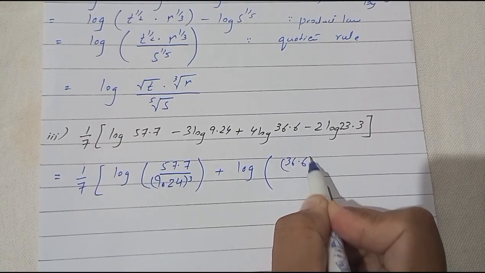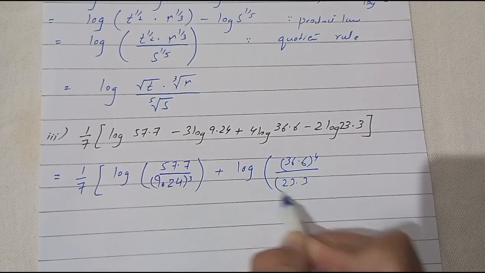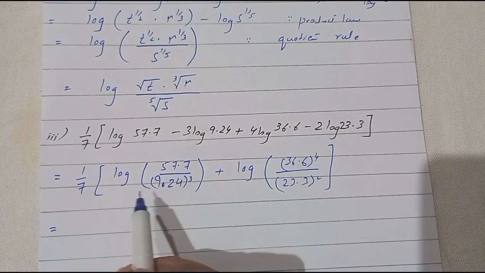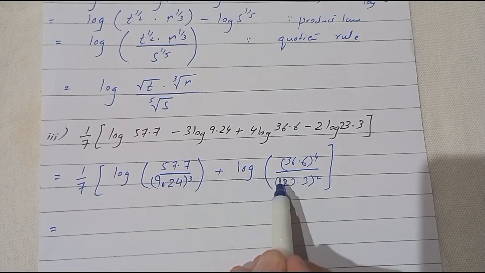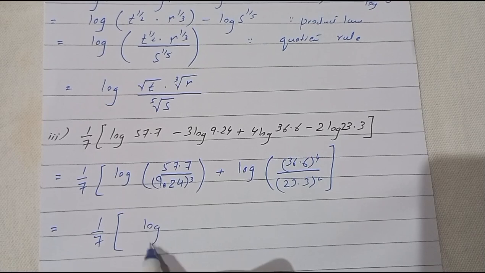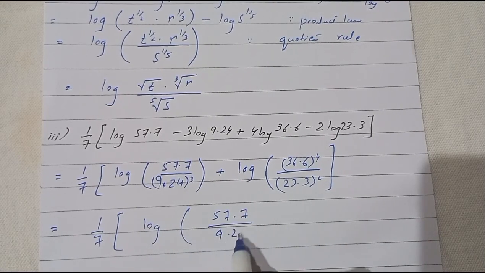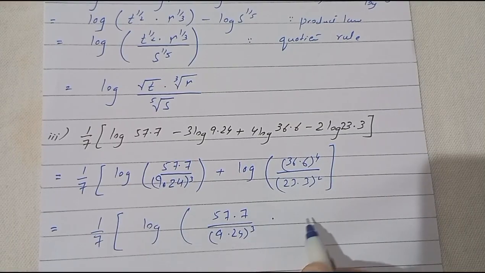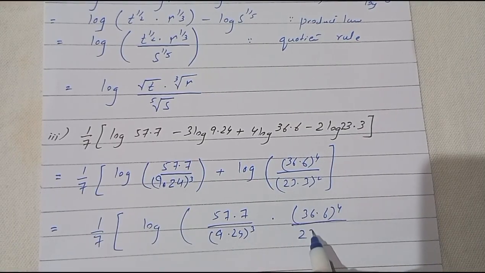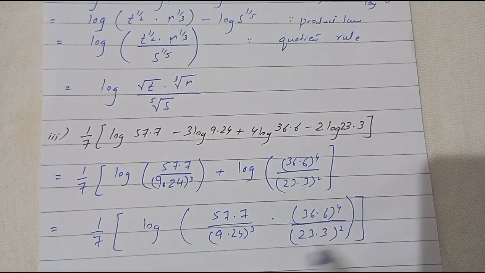So here 4 is the power of 36.6 divided by 2, the power of 23.3. Here two logs are added to each other. Now applying the product law, we can write both terms as a product within a single log: 57.7 divided by 9.24 power cube multiplied by 36.6 power 4 divided by 23.3 square.